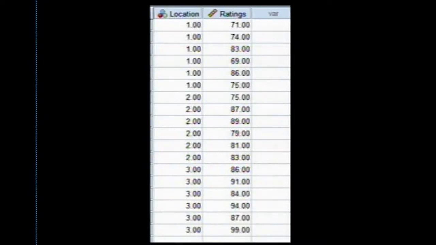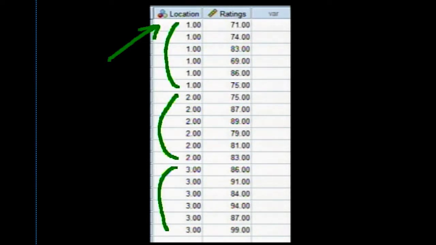Now let's take a look at the data on the screen. As we look at this screen, we can see that we have a bunch of numbers. At the top here we identify the independent variable, and that's the location. There's a number of scores in one location, then a second location, and then a third location. This is all one independent variable, but it has 3 different options of where the location would be, indicated by the 1s, the 2s, and the 3s.